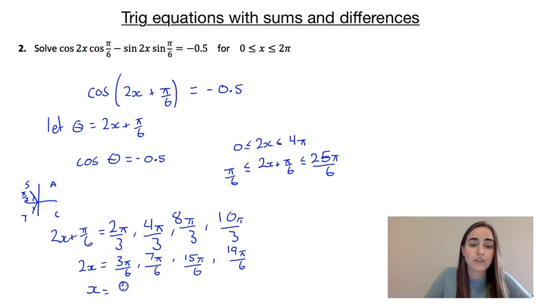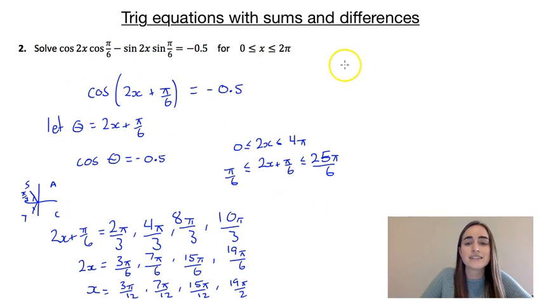So we're going to end up with 3 pi on 12, 7 pi on 12, 15 pi on 12, and 19 pi on 12. Now just to simplify those answers, a couple of them can be simplified down. So I'd end up with pi on 4 for my first one. That 7 pi on 12 isn't going to change, but the 15 pi on 12 could be simplified to 5 pi on 4.